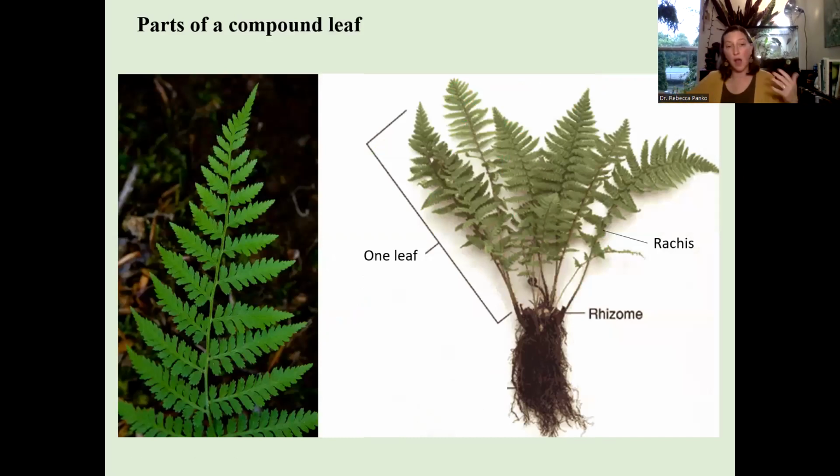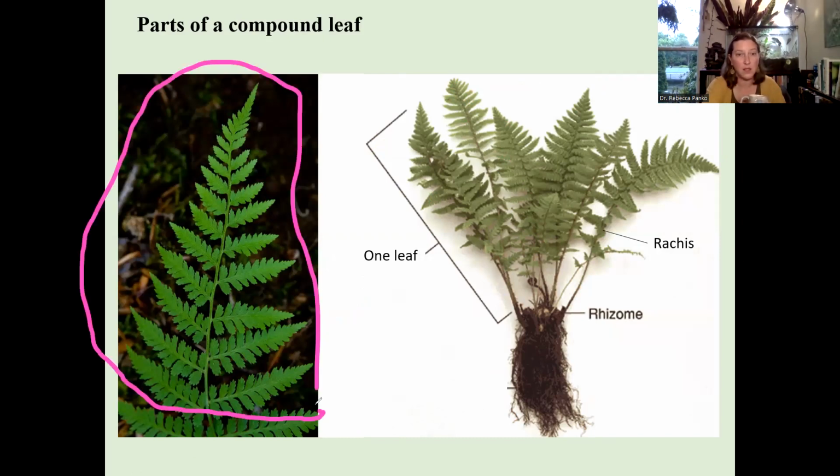However, sometimes you have a compound leaf. And a compound leaf, if you weren't taught differently, you might look at parts of a compound leaf and think that they're a bunch of little leaves. So for example, over here, this whole thing is one leaf. This is a leaf of a fern.